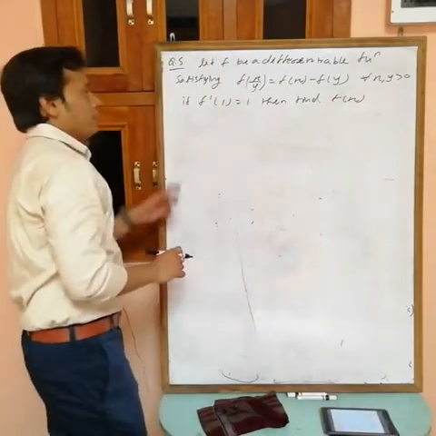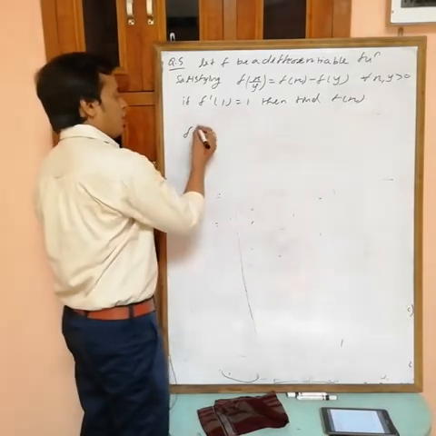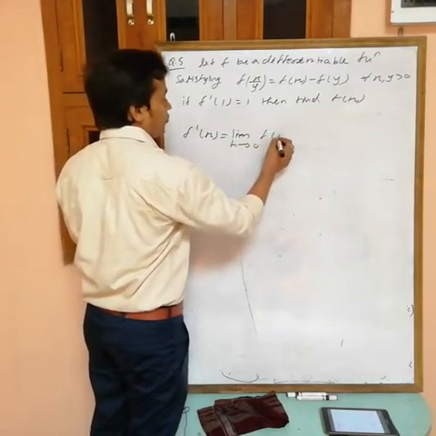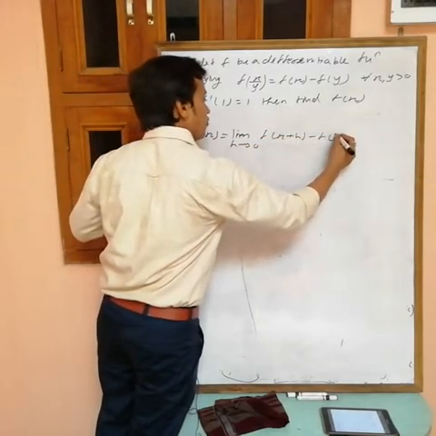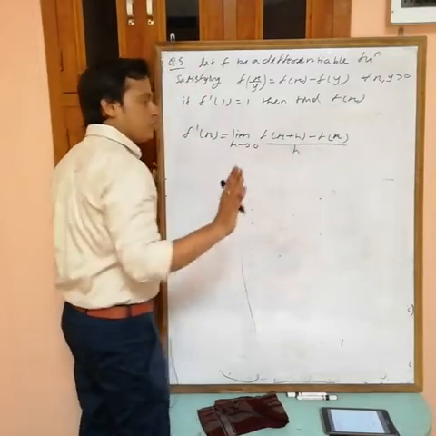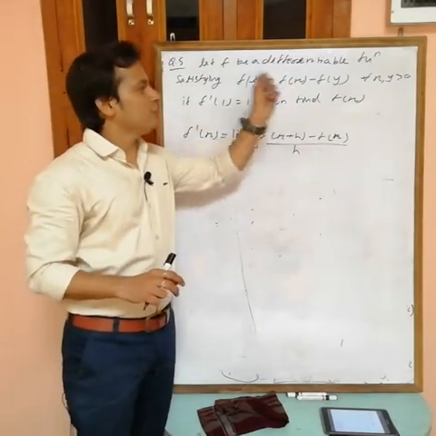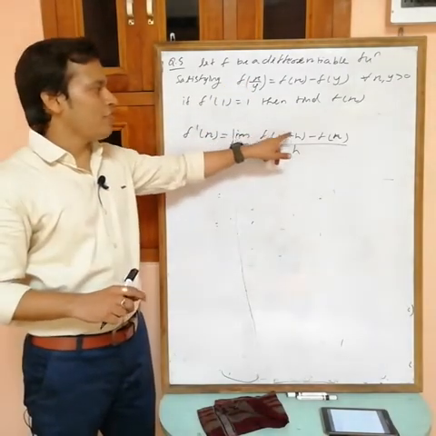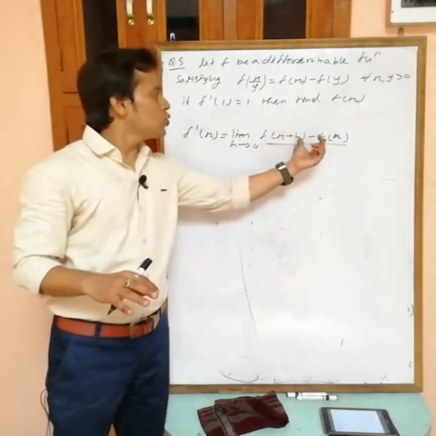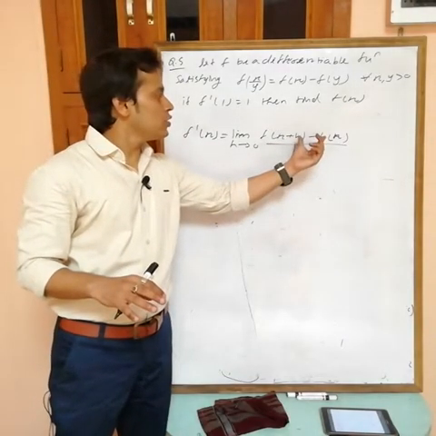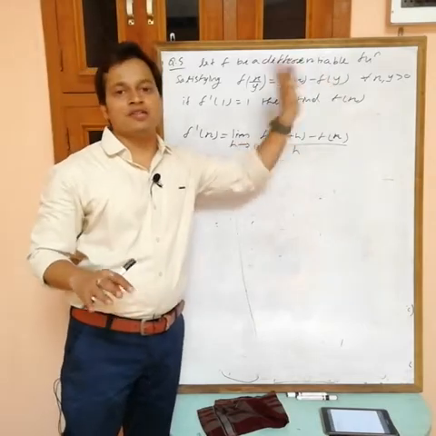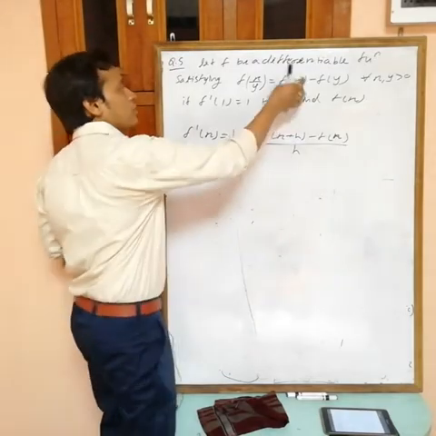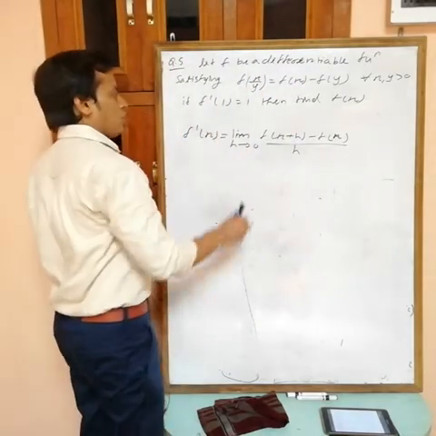Now see this one. So use the same method. f dash x is equal to limit h tending to 0, f(x plus h) minus f(x) by h. Now we want to use this functional equation. Here we have f(x plus h) minus f(x), which is like f(x) minus f(y), and f(x) minus f(y) can be written as f(x by y).